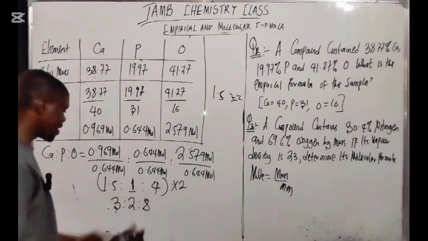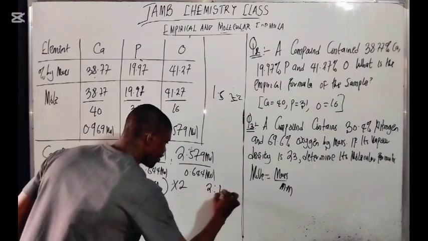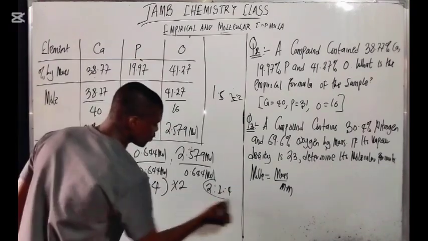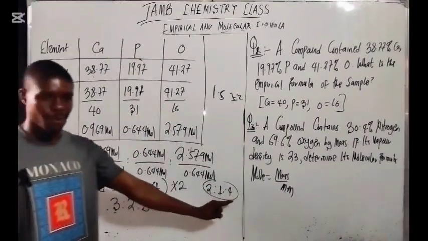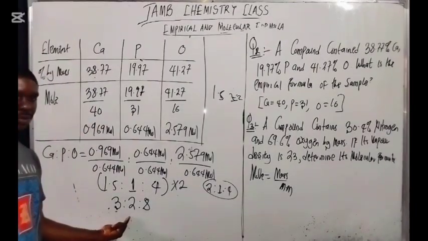In the exam, you might see 2 ratio 1 ratio 4. This will be one of the options in your exam, but this is not the actual answer.